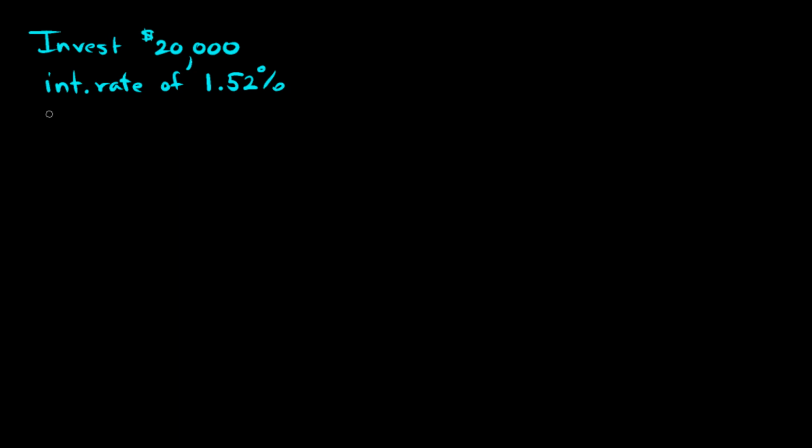Let's do one where we're investing money. Suppose you want to invest, let's say $20,000 at a bank that gives you an interest rate of, let's say, 1.52%, and they compound your interest monthly, which means 12 times a year.